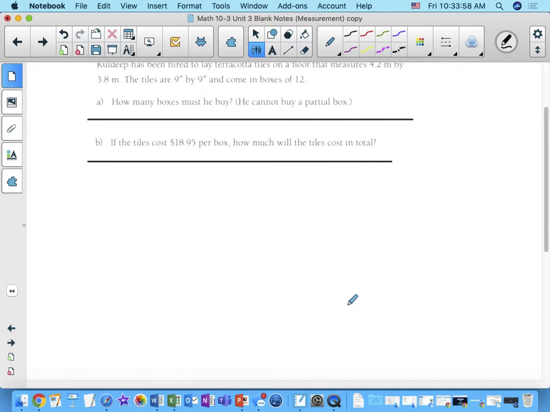So his floor is 4.2 meters by 3.8 meters. Let's just draw that out first. That looks kind of square, but oh well. And the tiles come in little shapes that are 9 inches by 9 inches.